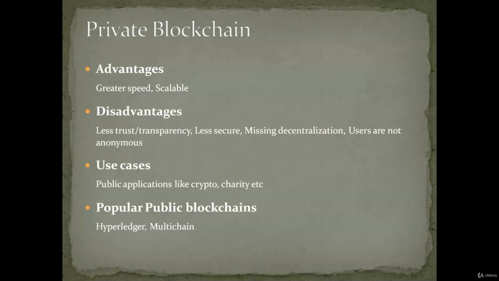So where are the use cases of this type of blockchain? Private blockchains are good for organizations' internal systems, like ERP systems or financial systems that record organizations' internal transactions and records, etc. Popular private blockchains are Hyperledger.